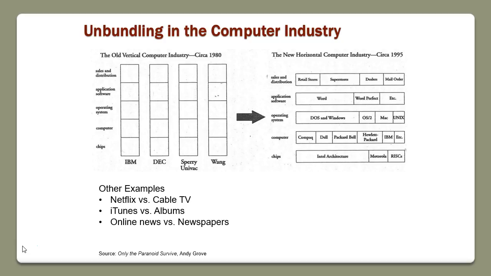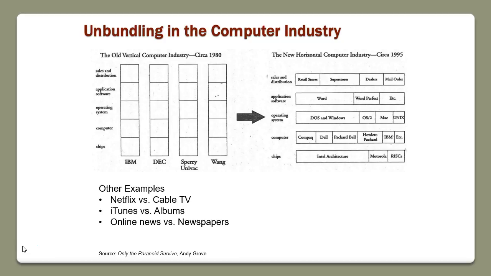IBM had their own, DEC did, Wang. But then it transitioned to an unbundled computer industry that was more horizontal: chips were manufactured by Intel, computers by Dell, Compaq and Hewlett Packard, Microsoft dominated the operating system, then you had application software, and distribution through a lot of different channels.